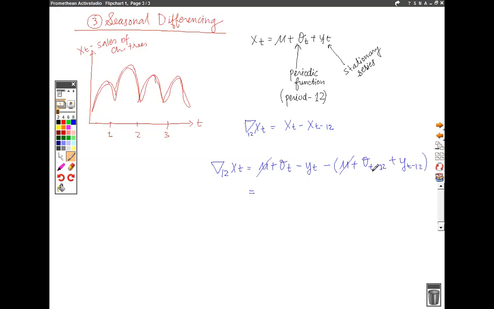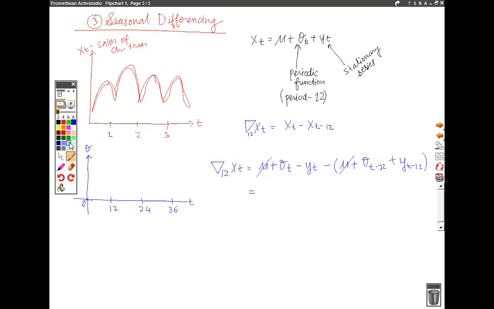So when I say that my theta is a periodic function, let us say this is t and this is theta that I'm plotting. I have 12, 24, 36 here. And I know that my theta is a periodic function with period 12.